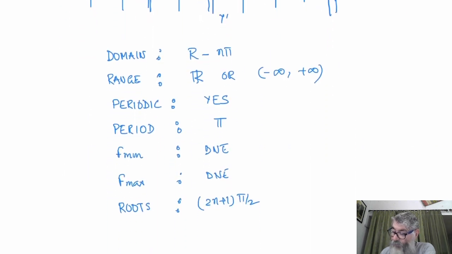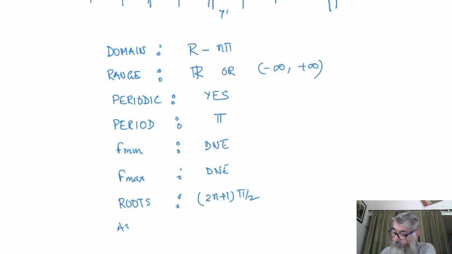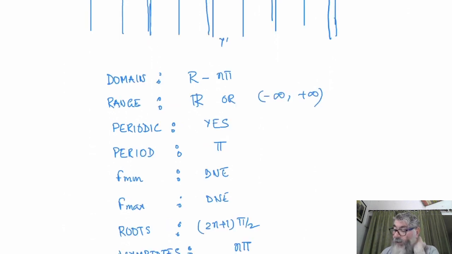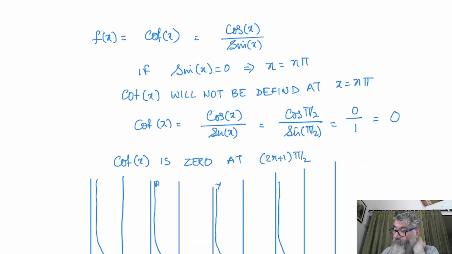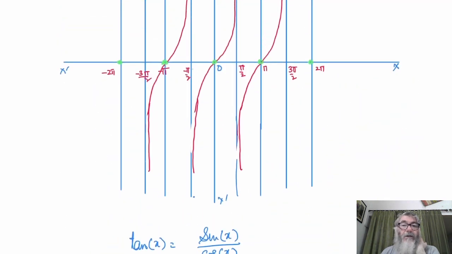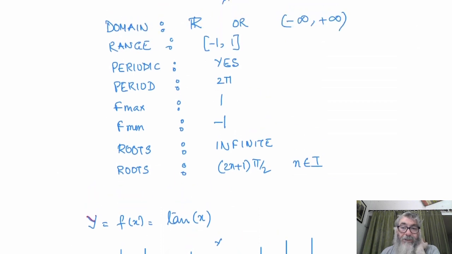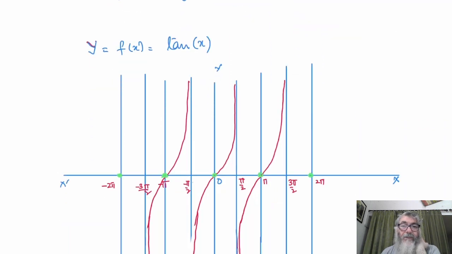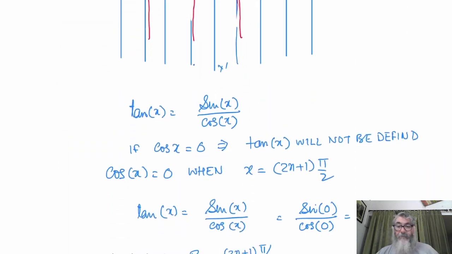So asymptotes are n pi. It is moving towards these. So we have discussed the four functions: sin x, cos x, tan x, and cot x. Thank you.